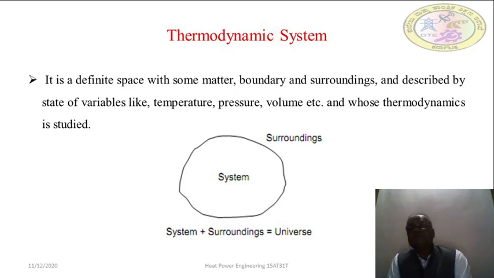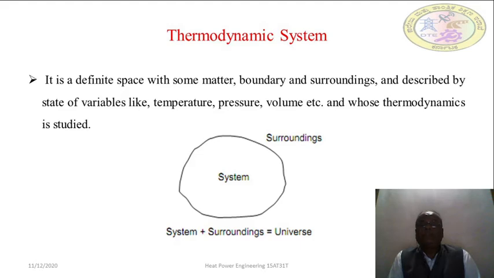The things we have to notice here are described by the state variables, the thermodynamic variables. In the beginning, the thermodynamic variables are temperature, pressure, volume, internal energy, enthalpy, entropy, specific heat. These are all properties of thermodynamics. But at present, let us take only the three basic properties or state variables: temperature, pressure, and volume.